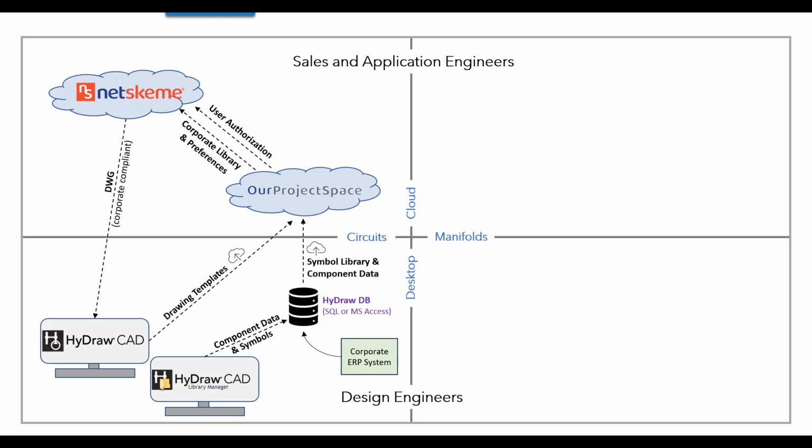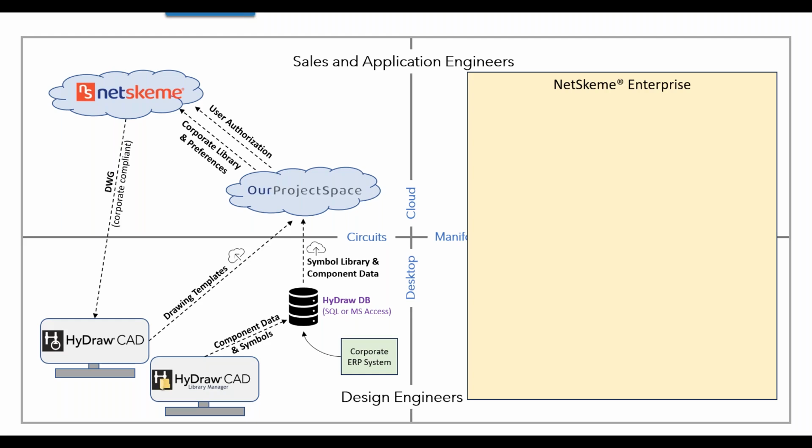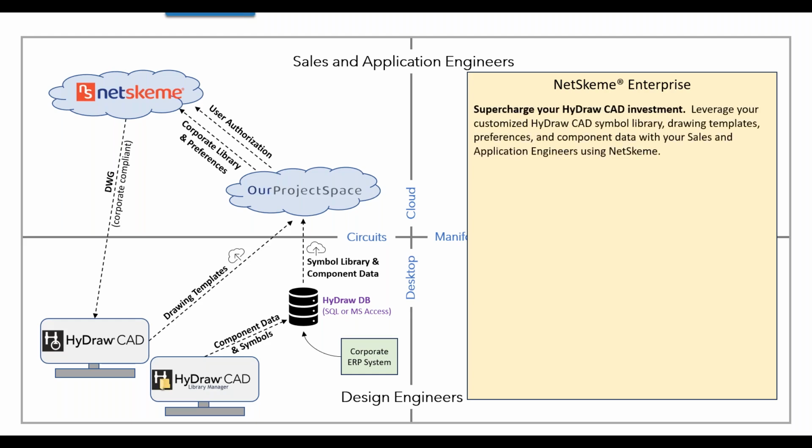We also have a corporate ERP system that can be fed into the HyDraw database for your design engineers. Things like your stock and your lead time can be automatically updated through SQL queries. So just a little bit about NetSkeme Enterprise. You're going to be able to leverage your HyDraw CAD investment even further.